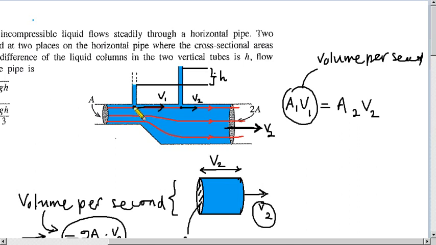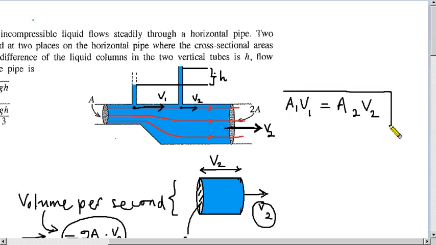So the amount that left this place per second must arrive here per second. So therefore we can write this equation. You must remember this equation. This is a simple fluid equation.